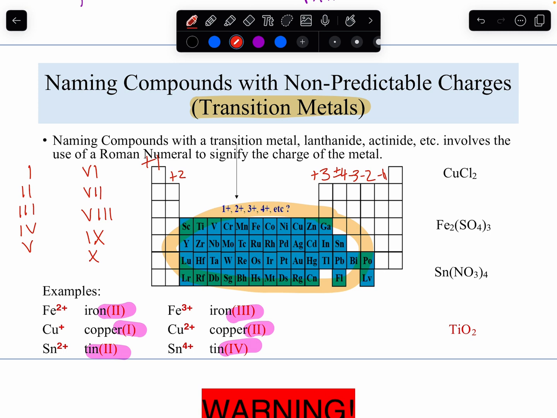So make sure you know those so that you can utilize them. When we're looking at these, again, the charge is indicated by the Roman numeral that you write next to it, okay? So it's not only in the middle, but it's also some of these sides, so you have to know these as well. All right, again, you don't have to memorize the charges. You use your context clues. So let me show you an example here.